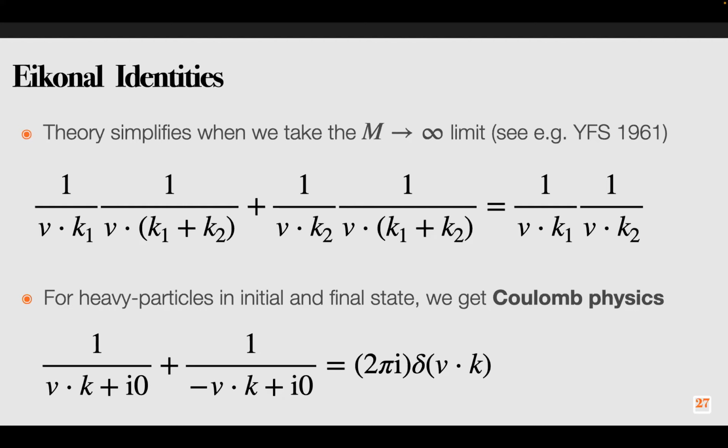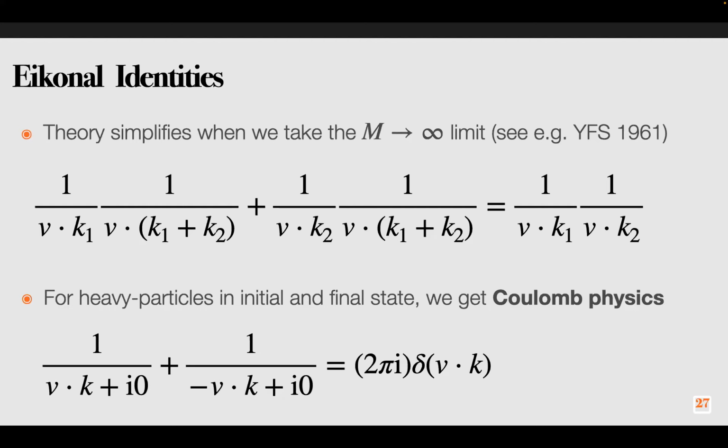There's a similar identity where you have, in one of these heavy particle diagrams, a photon coupling to a particle in the initial state, interfering with a diagram where the photon couples to the particle in the final state. And naively, if I cover these, this gives 0.